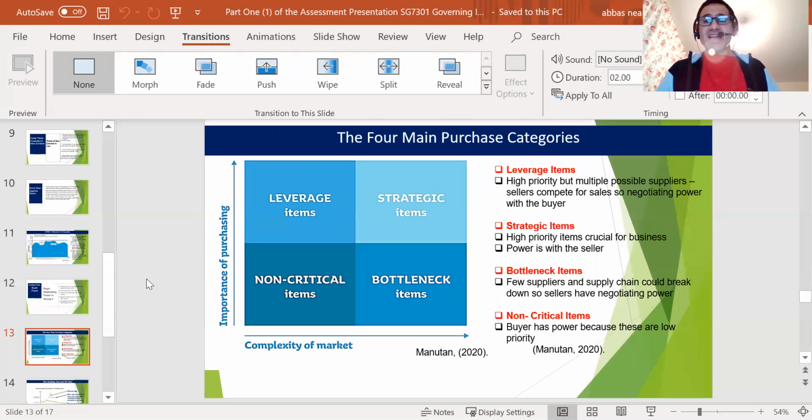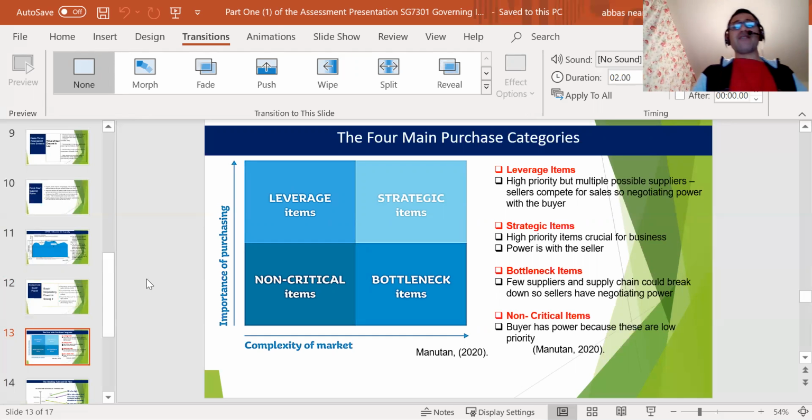Slide 13. The four main purchase categories. The Kraljic matrix was introduced by Peter Kraljic in an article in the Harvard Business Review in 1983 and showed the main influencers of purchasing power.